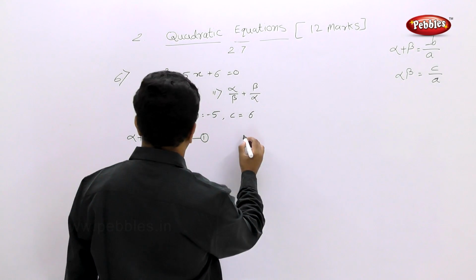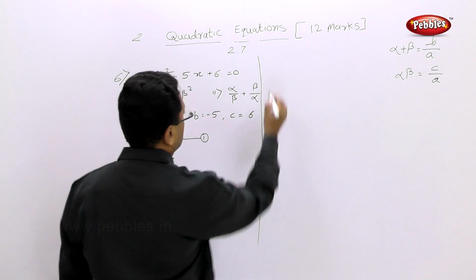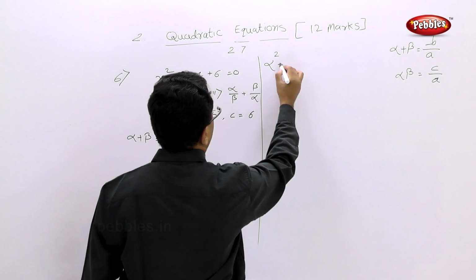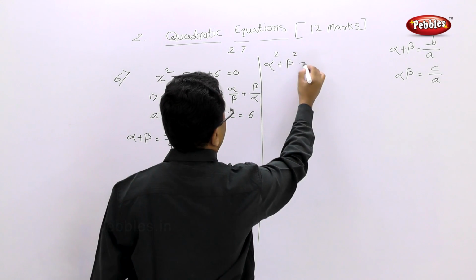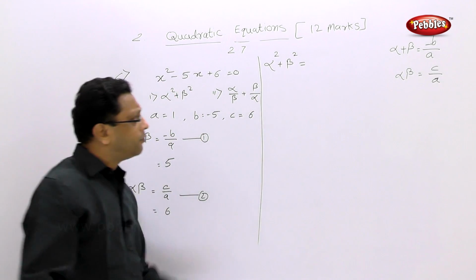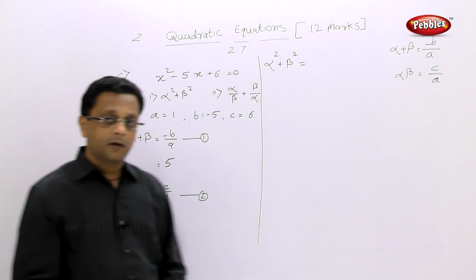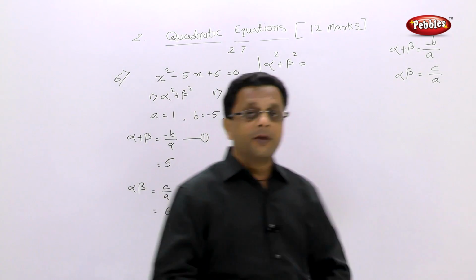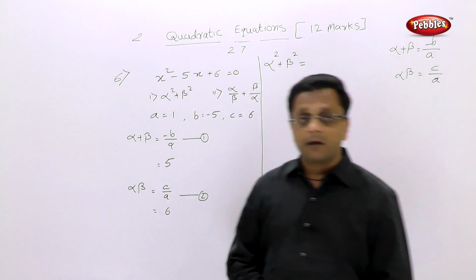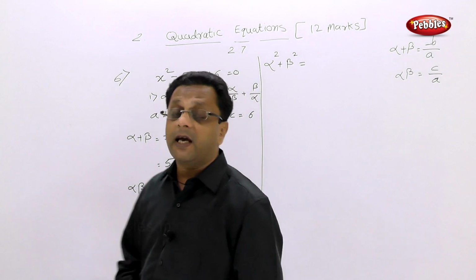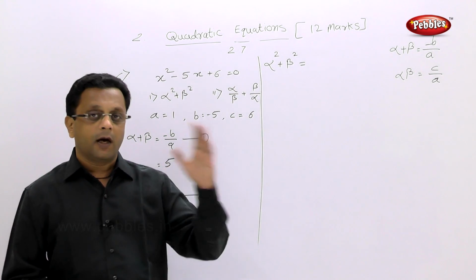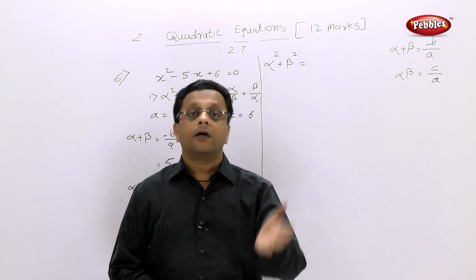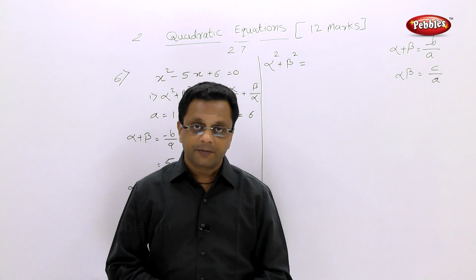Now, alpha square plus beta square is equal to, how will we get alpha square plus beta square? If we open the bracket of alpha plus beta whole square, if we expand that, what will we get? Alpha square plus 2 alpha beta plus beta square, right?